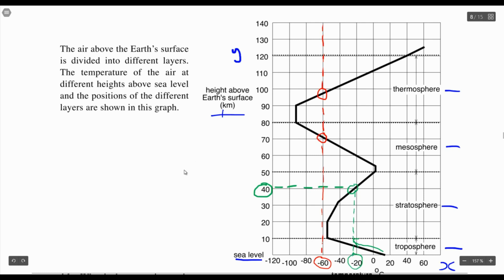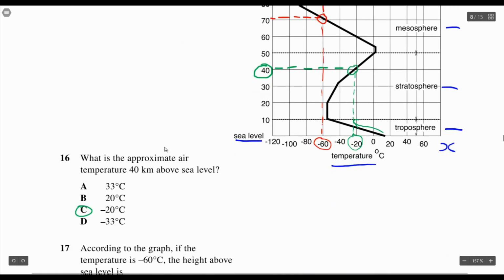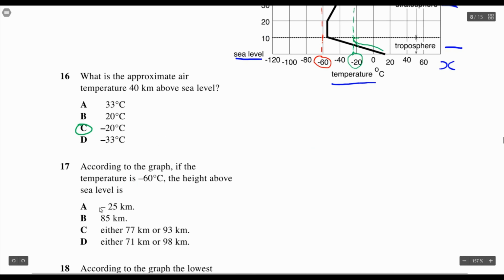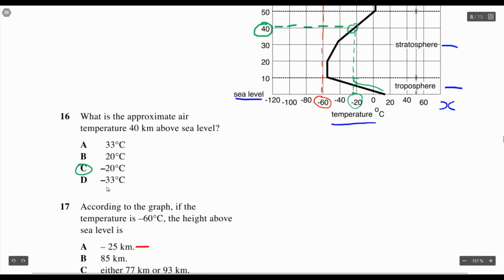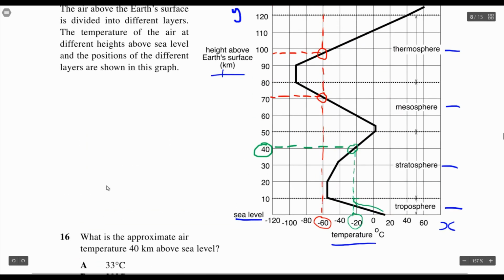Over here you should start working your way to the left, and same thing with the height above, sorry. If we look at the options, the first option is minus 25 kilometers. Just for explanation's sake, minus 25 will not be the answer. If this is sea level, minus 25 kilometers will be below the ground.